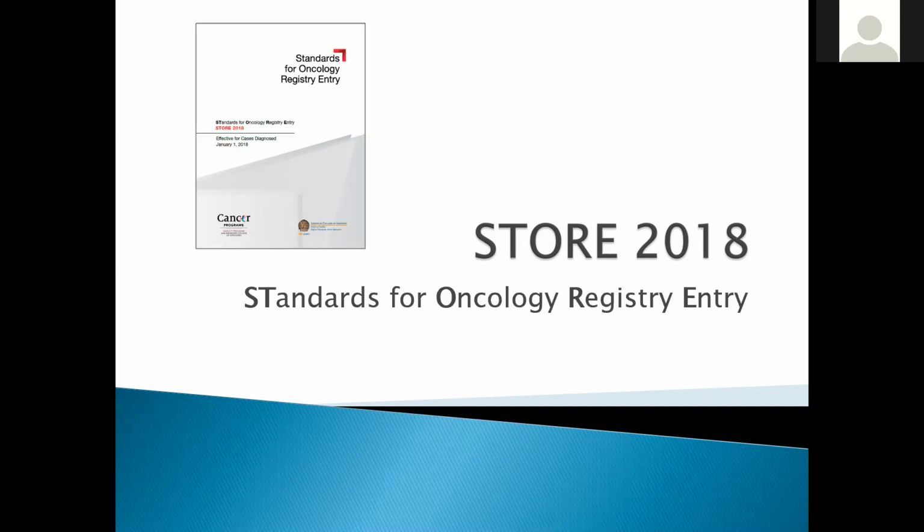Before I forget, today, when I refer to the page numbers in STORE, I am referring to the hard copy page itself, not the PDF page number. So if you can pull out your hard copy of the STORE manual, we will be going through pages, so it might be very helpful to have it open in front of you during this presentation.